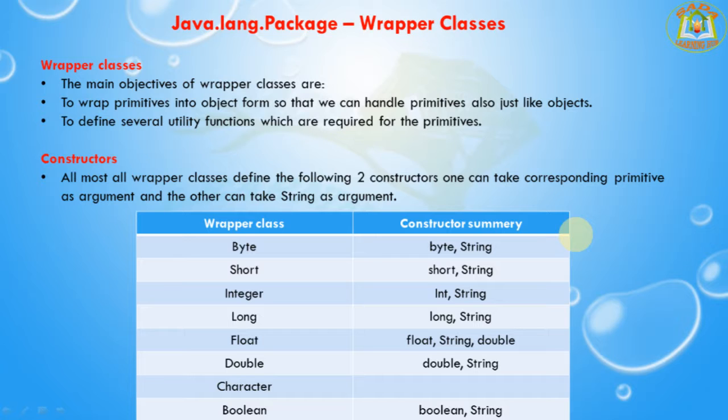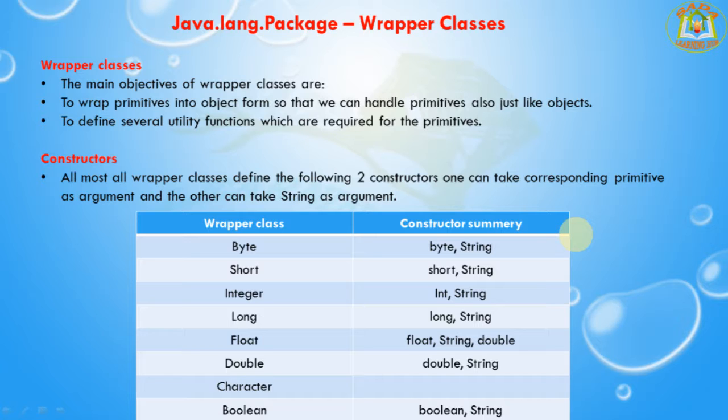If you go with the constructors, almost all wrapper classes define the following two constructors. One can take the corresponding primitive as an argument and the other can take a string as an argument.